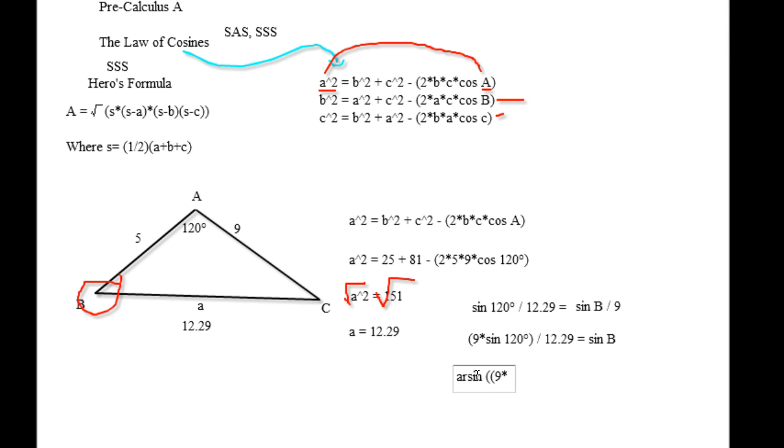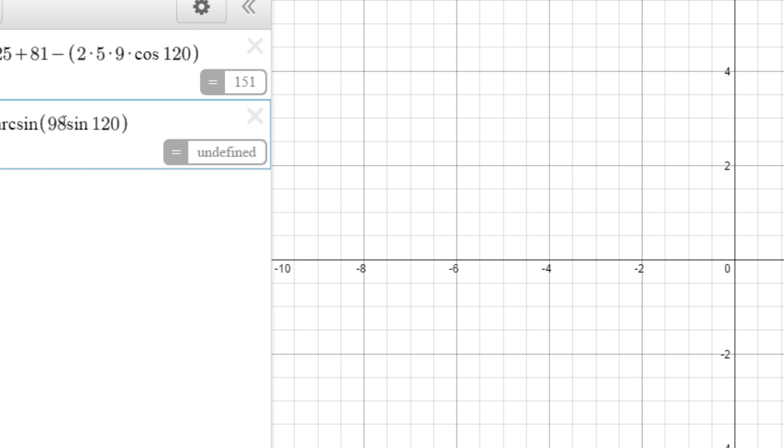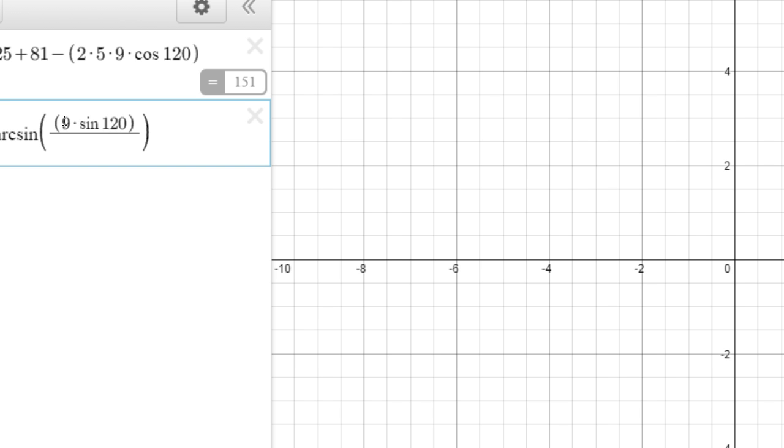So it'd be arc sine of 9 times sine of 120, probably put that in parentheses, and then we divide that by, what was it, 12.29?